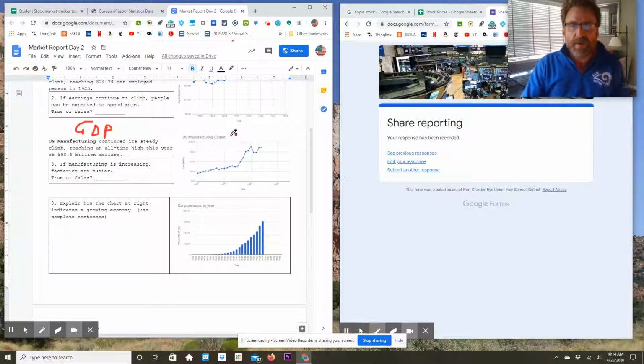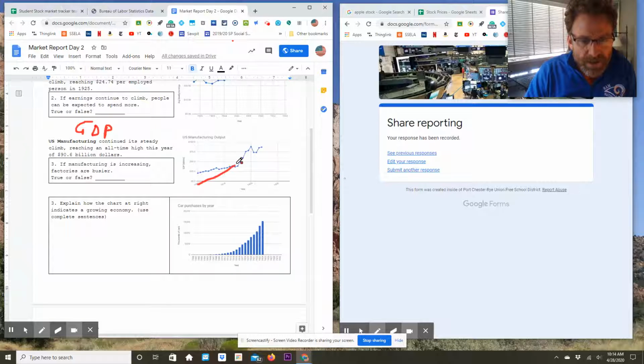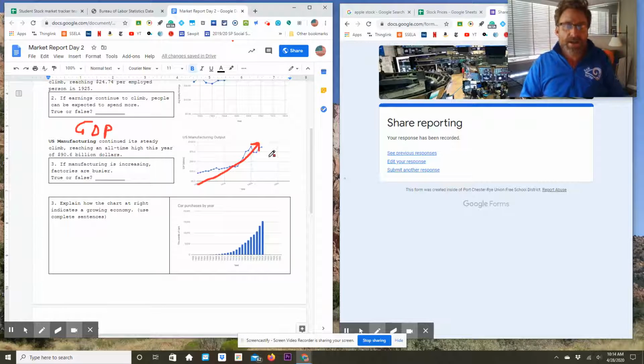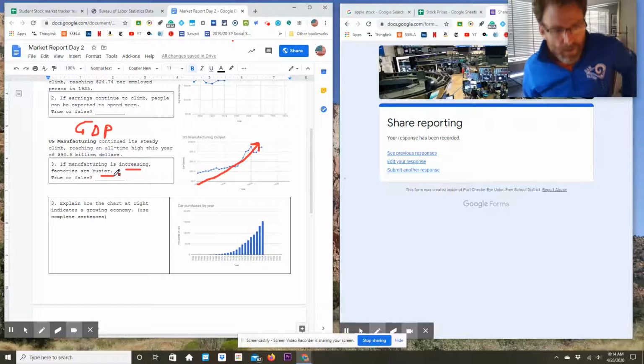Output means what the factories are pumping out. And if you look 1900, 1910, 1920, 1924, that trend looks like it's increasing. The factories are pumping out more stuff. Cars, refrigerators, sewing machines, buttons, dresses, whatever it is. They're producing more stuff. So if manufacturing is increasing, factories are busier. True or false?